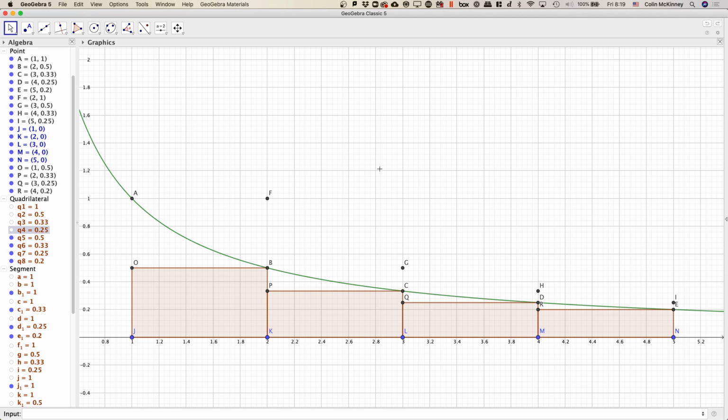The point being, we're going to be really close, but we're never going to be perfect unless we use infinitely many rectangles, and you can't just do that. We will, but one does not simply. Okay, does that make sense?